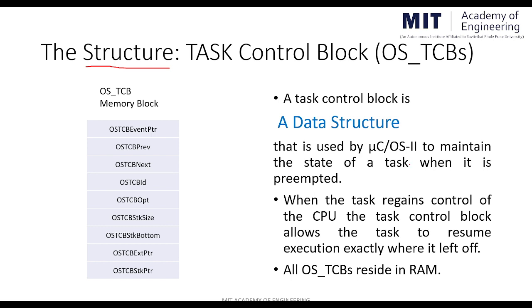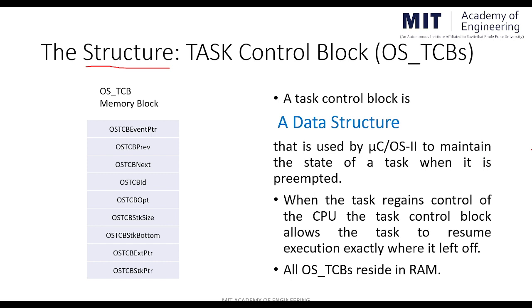We can define the task control block as a data structure. The task control block is the data structure used by MuCOS2 to maintain the state of the task when it is preempted. We have seen that MuCOS2 is a preemptive kernel. Hence, whenever a high priority task makes a request, MuCOS2 has to give the CPU control to the next high priority task.